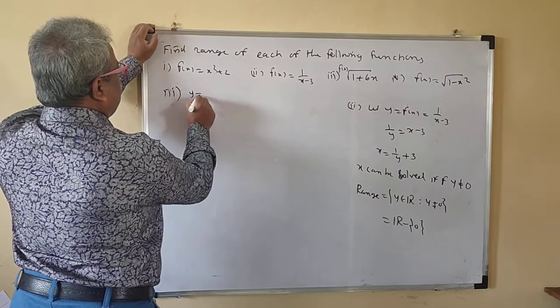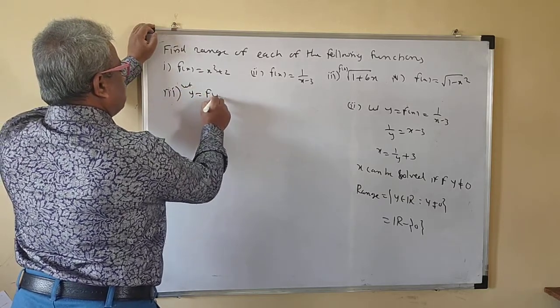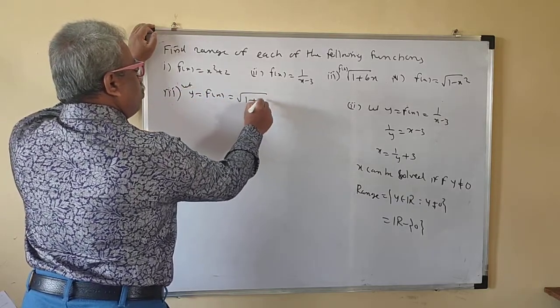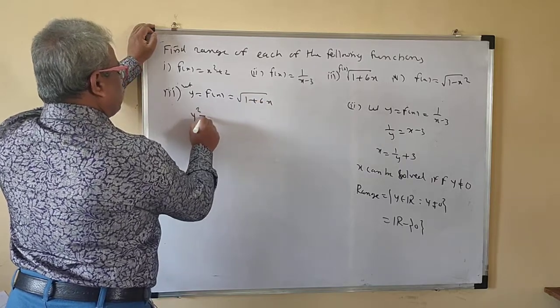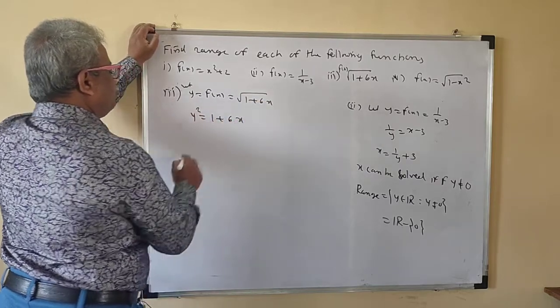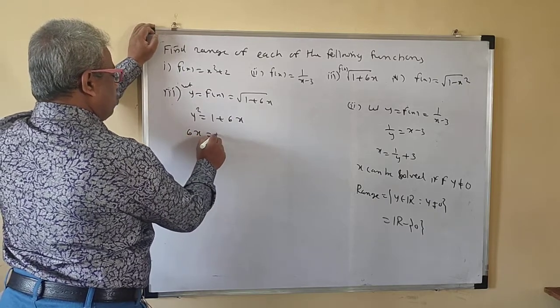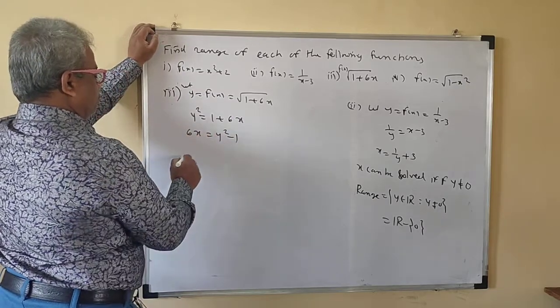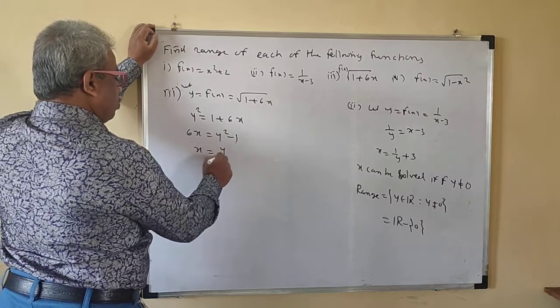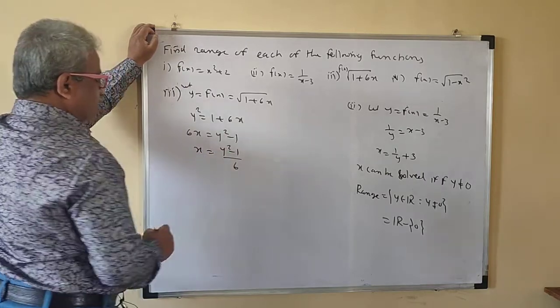Let y is equal to f of x is equal to root of 1 plus 6x. So y square is equal to 1 plus 6x. So 6x is equal to y square minus 1, so x is equal to y square minus 1 upon 6.